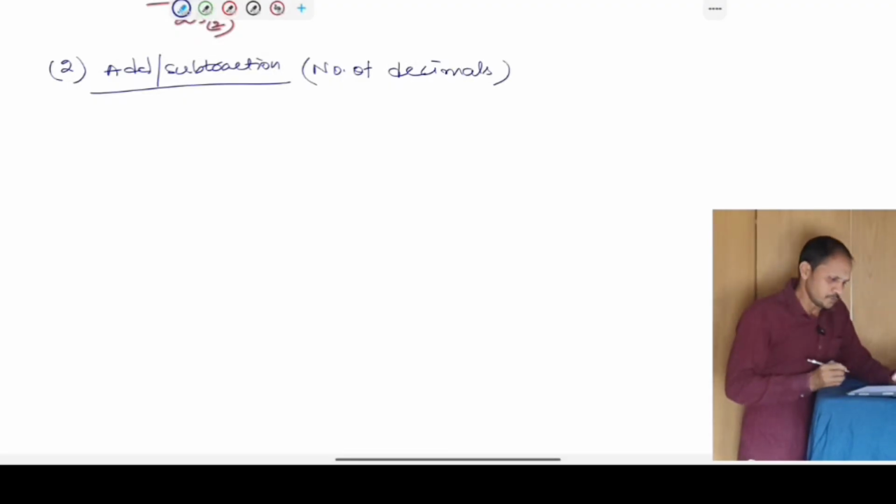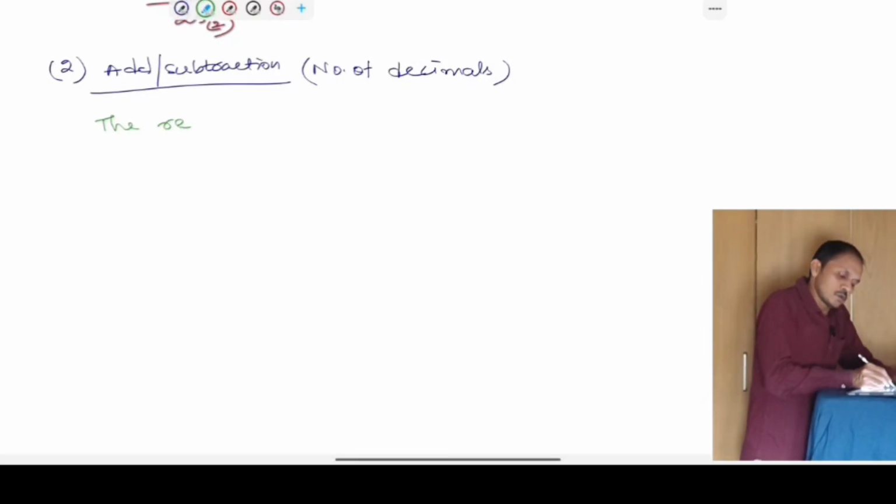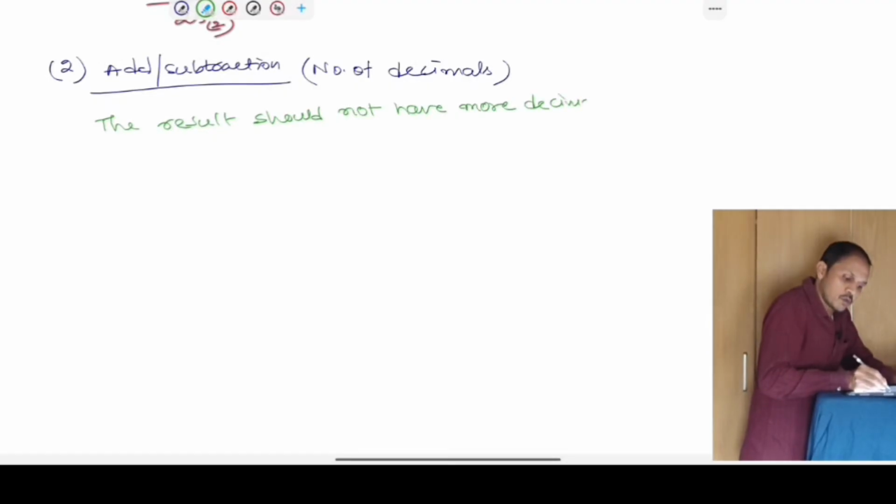Always remember this: the number of decimals is important. Okay, now what is the rule? Simple. The result should not have more decimals than the least decimals in the data.